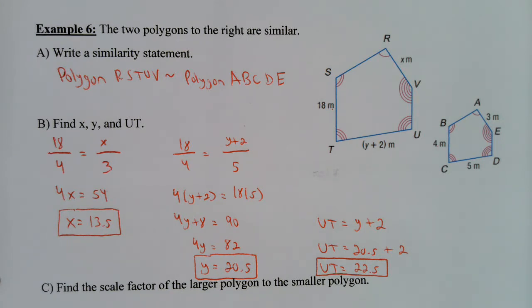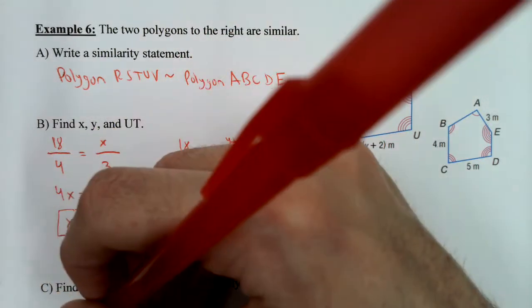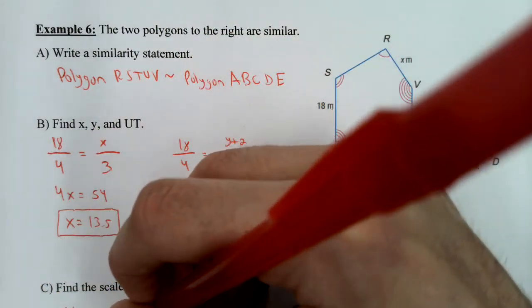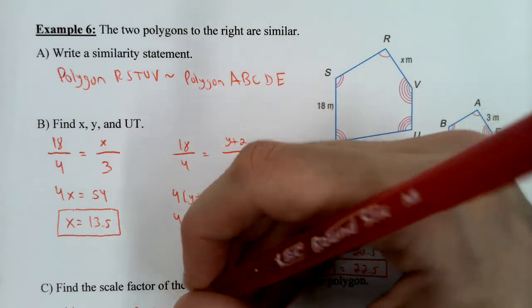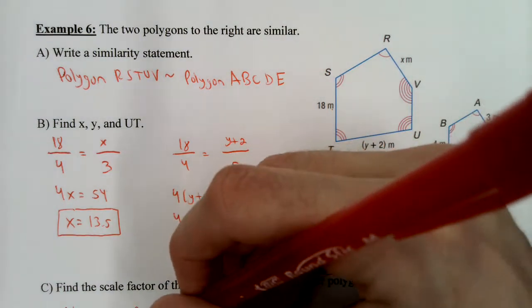Find the scale factor of polygon RS. Find the scale factor of the larger polygon to the smaller polygon. So the larger to the smaller one is going to be 18 over 4.